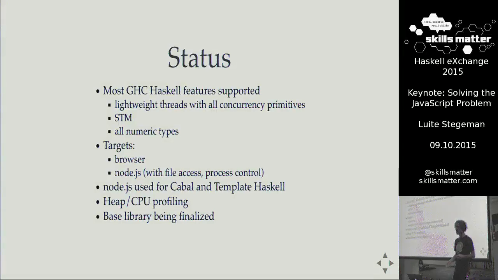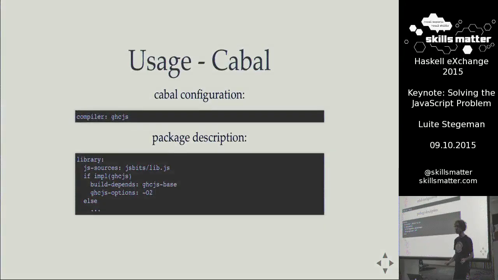But there are different code paths selected in the backend, and the dependencies look different exactly because of these conditionals in the Cabal file. So it will depend on OpenGL if you compile it with GHC, it will depend on ghcjs-base, which provides the canvas bindings, if you compile it with GHCJS. But it's unfinished, but I'll come back to the foreign function interface later.